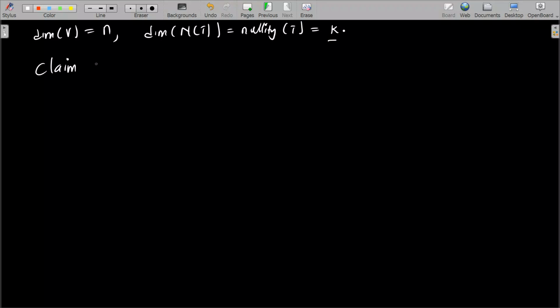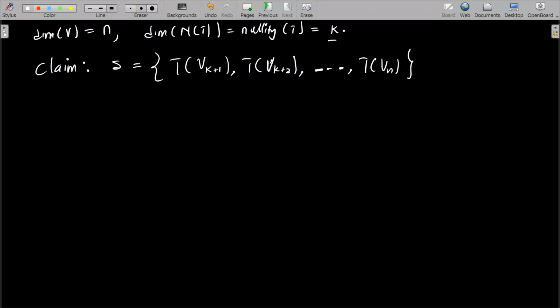Okay, the claim is that S, which is equal to the set of T of V sub k plus 1, T of V sub k plus 2, and then all the way to T of V sub n, is a basis for R of T. In other words, how many vectors do I have here?